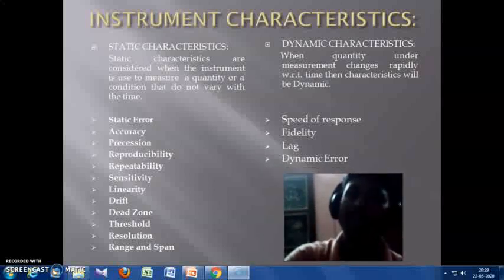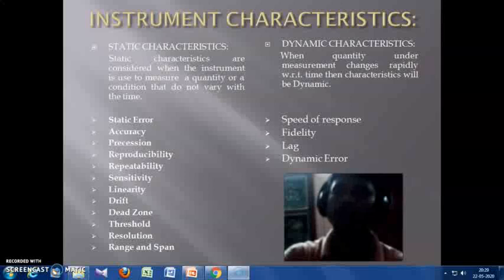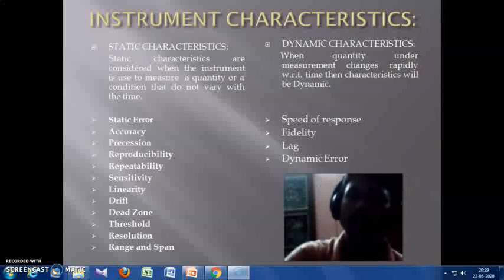Accuracy means the instrument's reading should be very close to the true value, but due to some error we will not get exactly the true value. So we will try to manufacture a device whose accuracy is very good, near to the true value. And if the accuracy of an instrument is very good, then the instrument will obviously be highly precise.